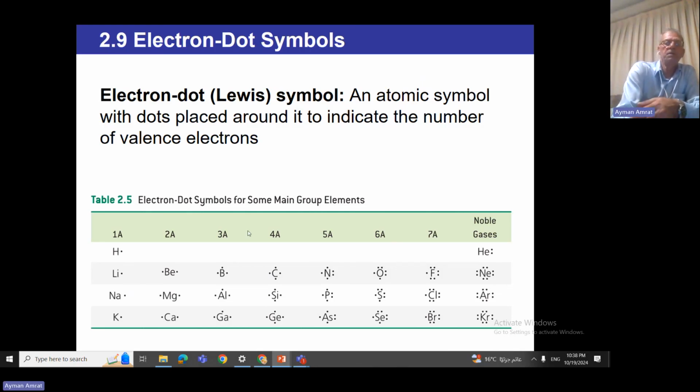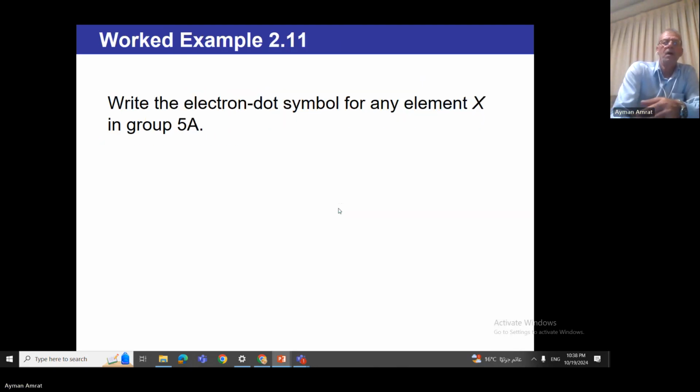These are the electron dot symbols for some main group elements. Write the electron dot symbol for an element X in group 5A. 5A means there are 5 electrons in the valence shell. 5 valence electrons can be represented by dot, dot, dot.